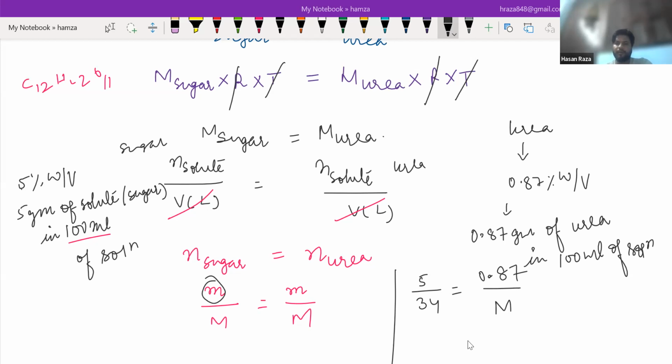Fatima, this will be like M will be equal to 0.87 times 342 upon 5, that will be approximately 59.9 gram per mole. Fatima, are you done?